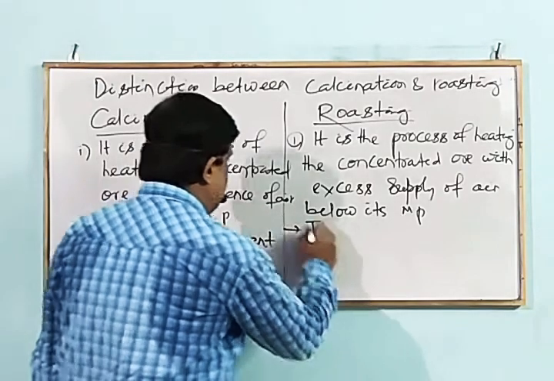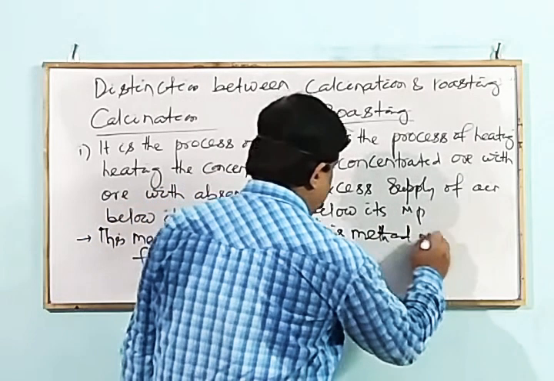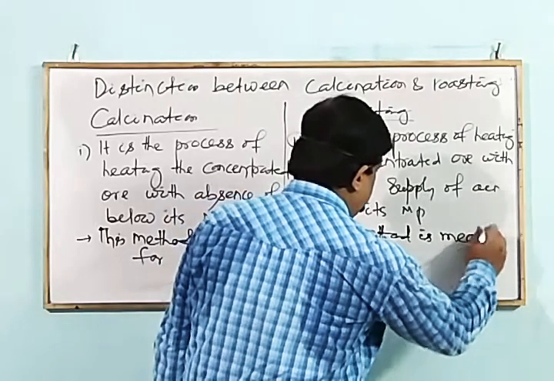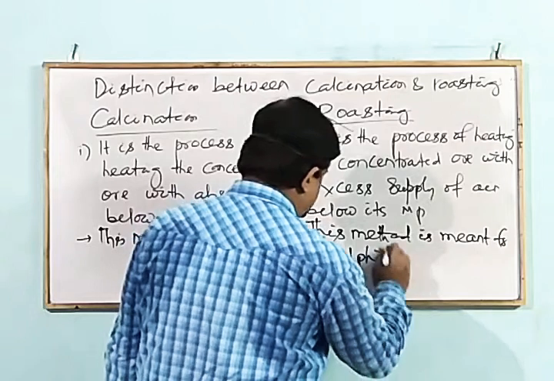Point 2 for roasting: this method is meant for sulfide ore.